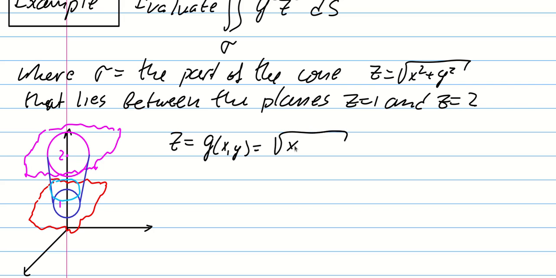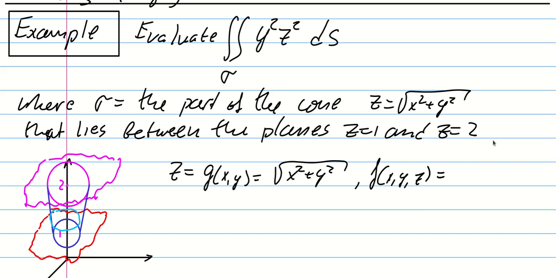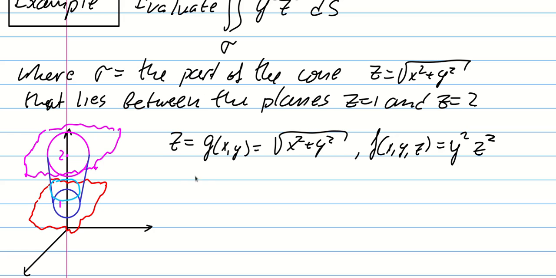square root of x squared plus y squared. And we have f of x, y, and z equals y squared z squared. So the couple of things left to calculate is dz dx. So it's going to be 1 over 2 square root of x squared plus y squared.